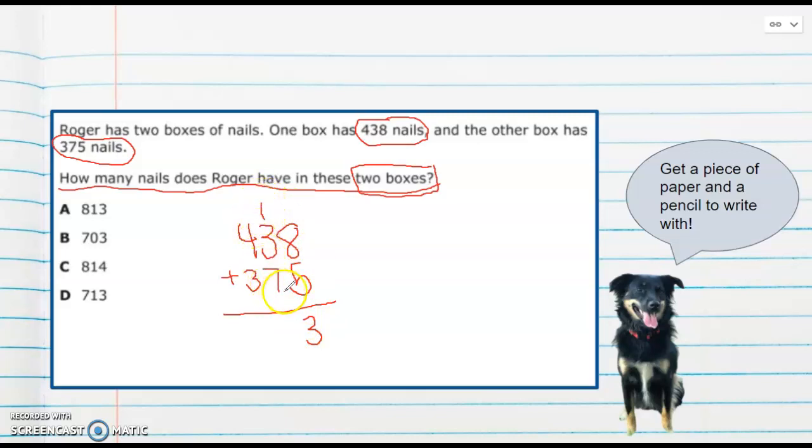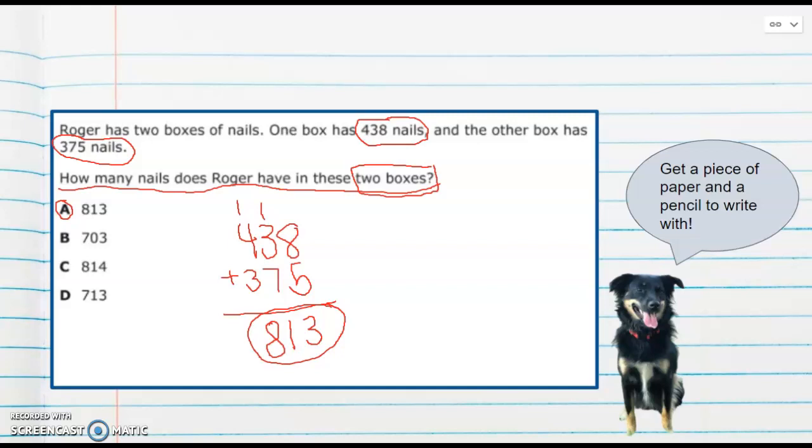Now we're going to add these 3 digits. 1 plus 3 is 4, plus 7 more is 11. Again, I put my 1 and I carry my 1. 1 plus 4 is 5, plus 3 more is 8. So now we have our answer of 813. So our answer would be A.